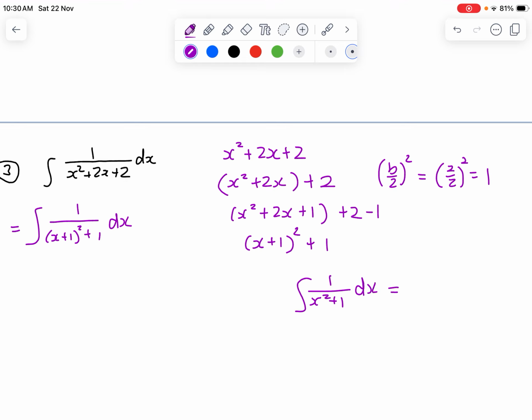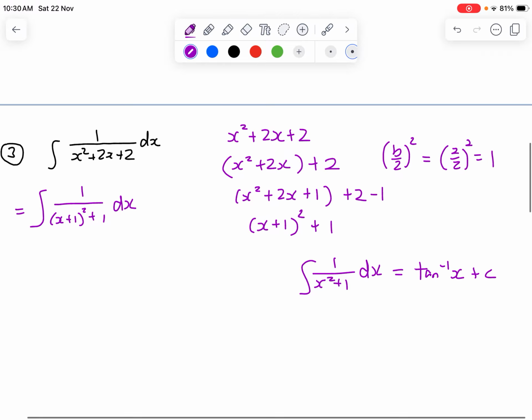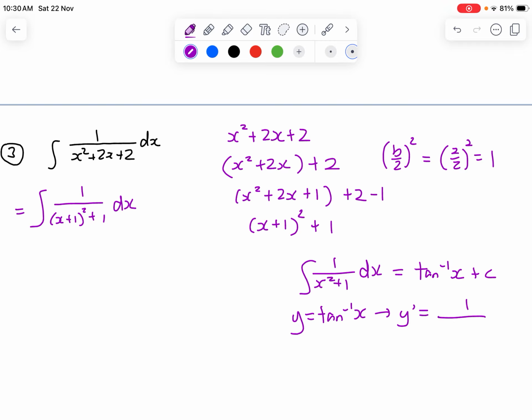Recall that the integral of 1 over x squared plus 1 is basically tan inverse of x, plus c. You can also think of it this way. If I have y equals tan inverse, the derivative of that is equal to 1 over x squared plus 1, remember? So we can see that this has a very similar form to this.